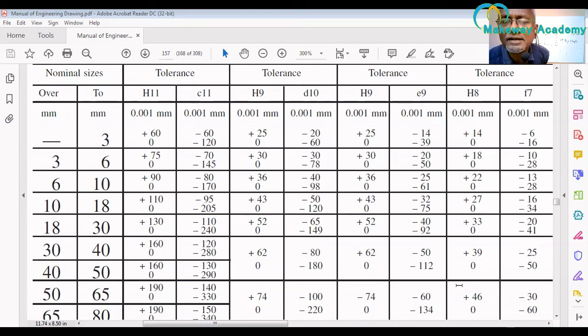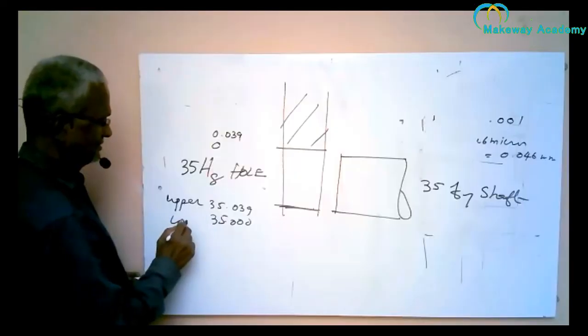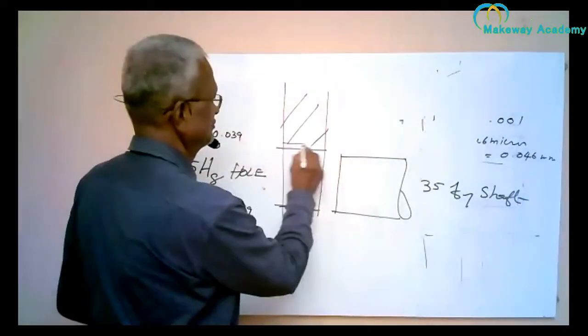How much is it? 39 microns. The H8 hole is 39 microns, so 0.039. What is the lower limit? Lower limit is 35. What is the upper limit? 35.039. This is the tolerance for this hole.